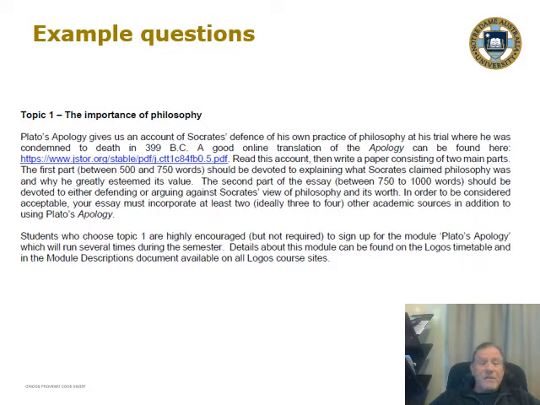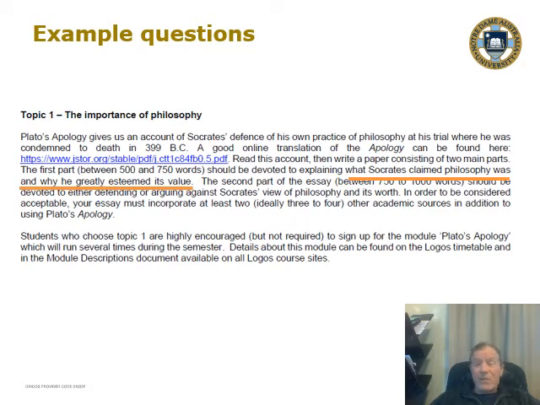The question begins with an introduction to the text and then an instruction to read it. And then we get the question itself divided into 2 parts. So for this one, part 1 is to explain what Socrates claimed philosophy was and why he greatly esteemed its value.